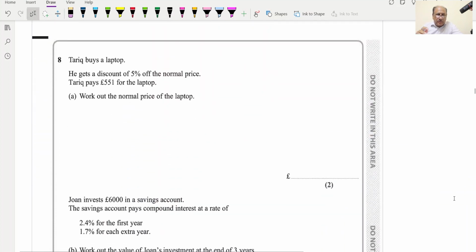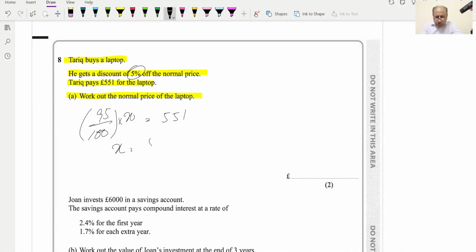Now we can move to question number 8. Question 8 says Tariq buys a laptop. He gets a discount of 5% off the normal price. Tariq pays 551 pound for the laptop. Work out the normal price. This is a reverse percentage question. So X, we can suppose, is the price, and the discounted price is 95%, 5% less of 100, and this will be equal to 551.